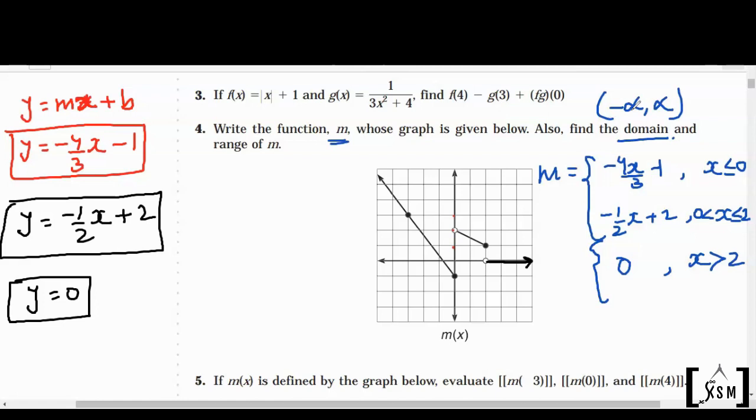Actually, all the x's are possible. Okay. And then the range is the y values. So which y values are possible? The minimum y value possible is -1. So the range is -1 to infinity. The y values are covered everywhere. So the range is -1 to infinity.